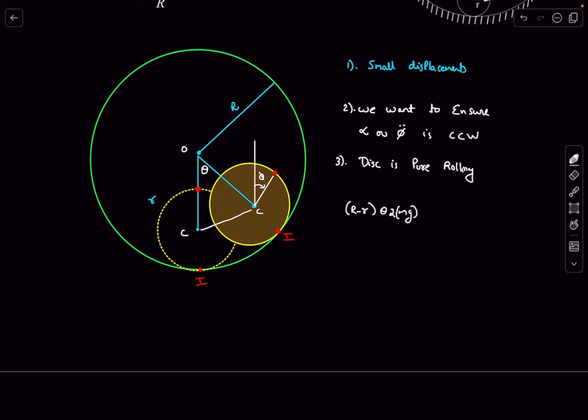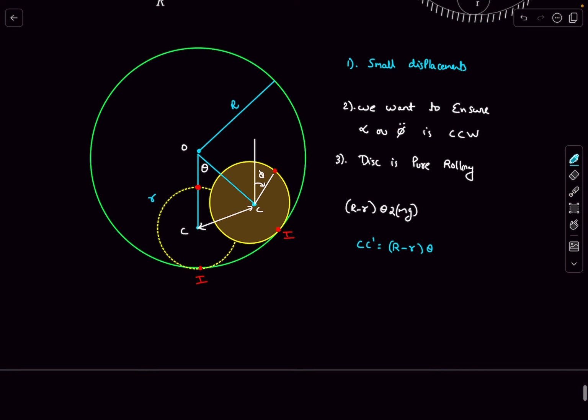First, I can write this distance CC dash using the arc length formula. CC dash, I can write as capital R minus small r times the angle theta, because this distance OC is capital R minus small r. That times this angle theta will give us the distance CC dash.